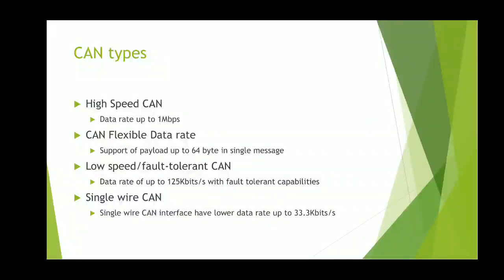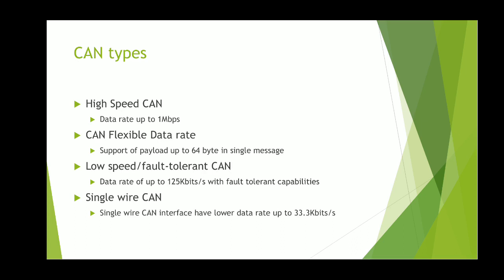Depending on speed, flexibility and payload capability, CAN can be classified into 4 types. The first is high speed CAN, the second is CAN with a flexible data rate, the third is low speed or fault tolerant CAN, and the last is single wire CAN.